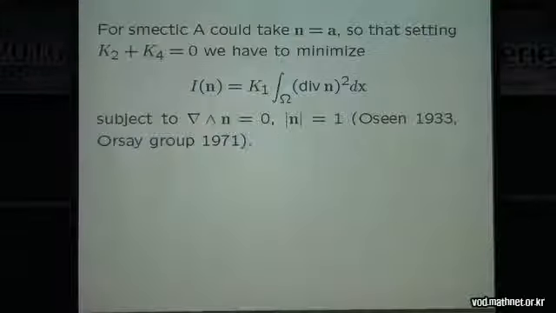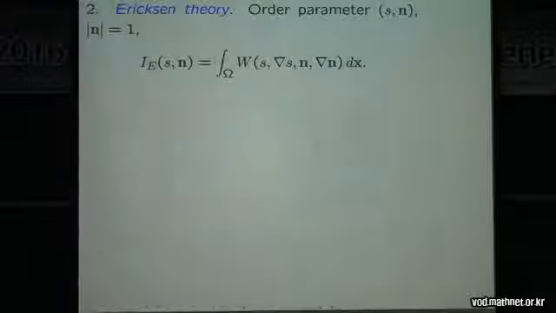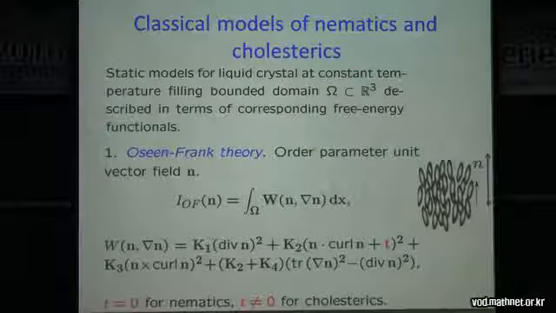So, okay, that means now for smectic A, you could take n to be A, right? Because the normals to the layers, the director, is normal to the layers. So let's go back to the Oseen-Frank formula somewhere. So there we go. If now we're taking t equals 0, then in the Oseen-Frank formula the curl terms would go away, and this term goes away.